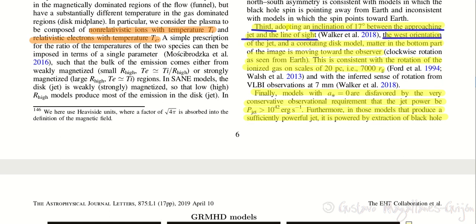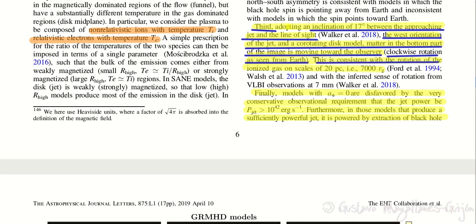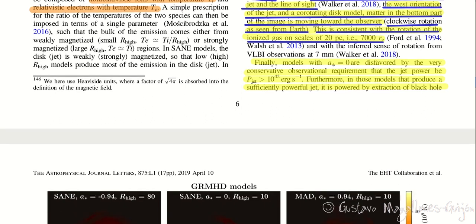The west orientation of the jet and co-rotating, in this model, matter in the bottom part of the image is moving toward the observer. Clockwise rotation, as seen from Earth, is consistent with the rotation of the ionized gas on scales of 20 parsecs, which is 7,000 gravitational radii.